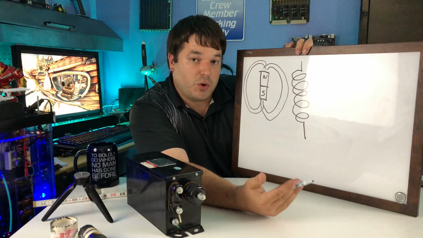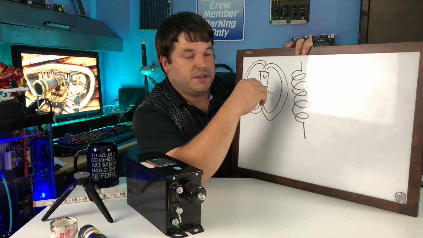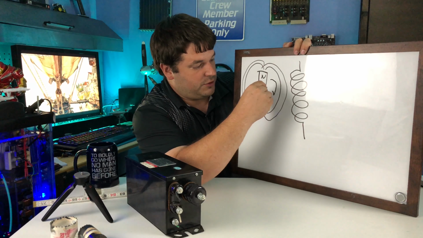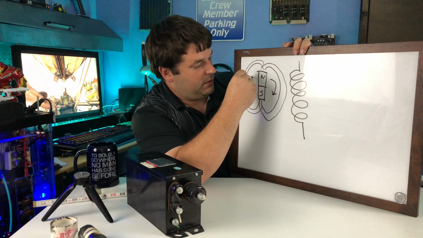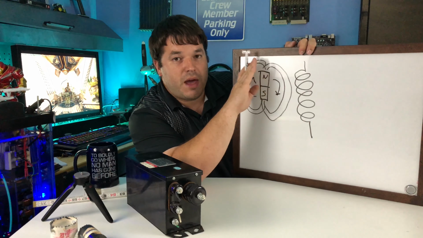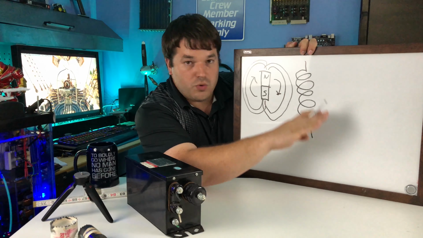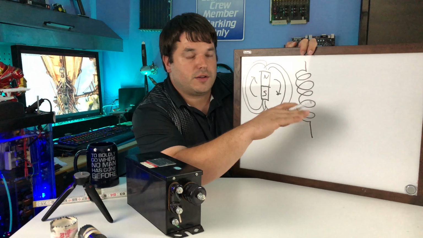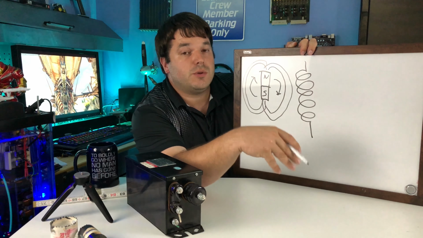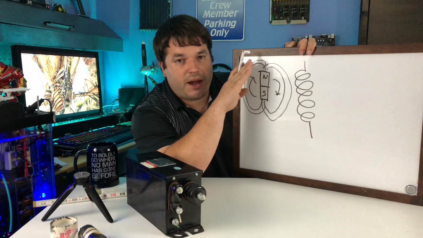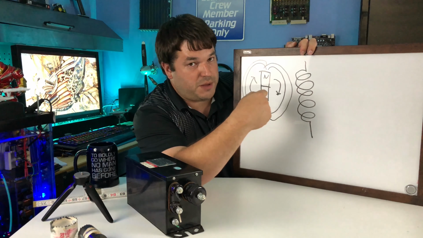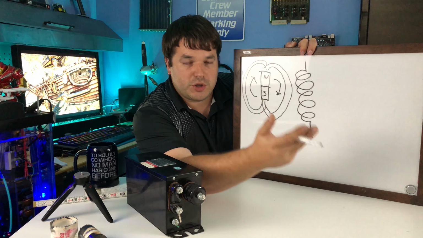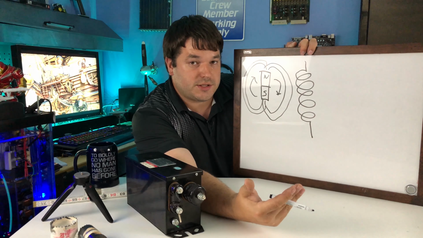So I'm going to draw that like this. Now the relative motion bit. If I spin this magnet, so I'm just going to draw arrows, then the magnetic field moves across the conductor, pushing the electrons. Magnetic field has influence over electrons. As the magnetic field moves over the conductor or coil of wire, it pushes the electrons, generating electricity.